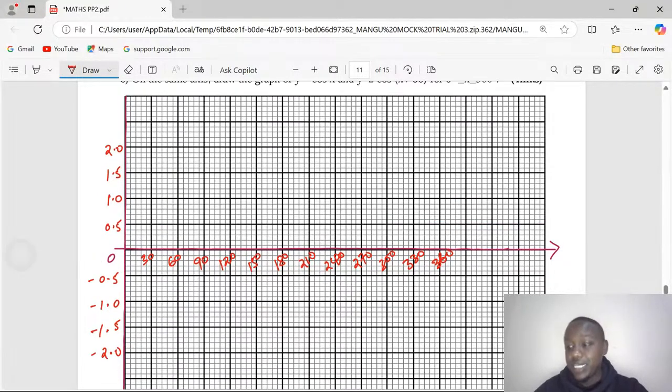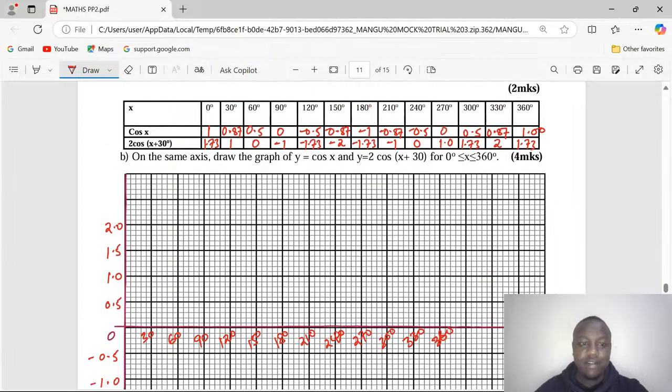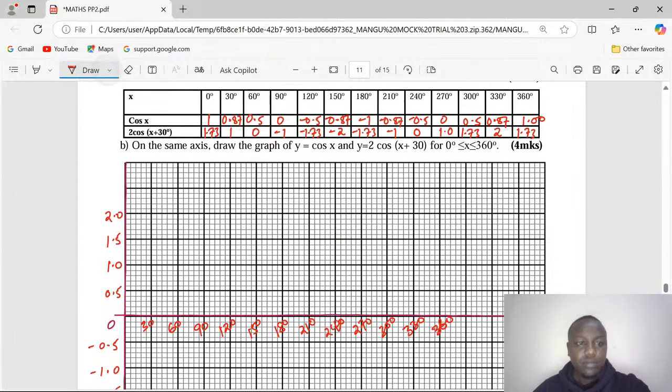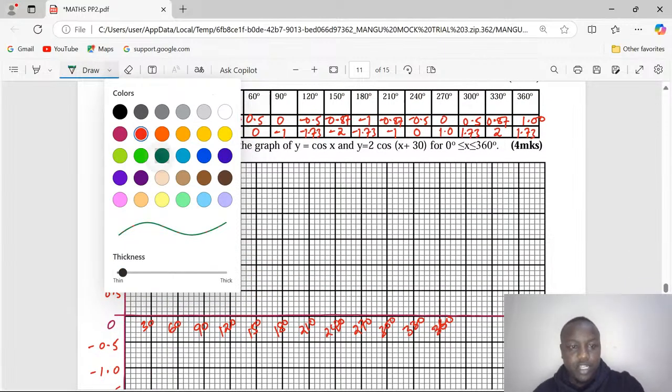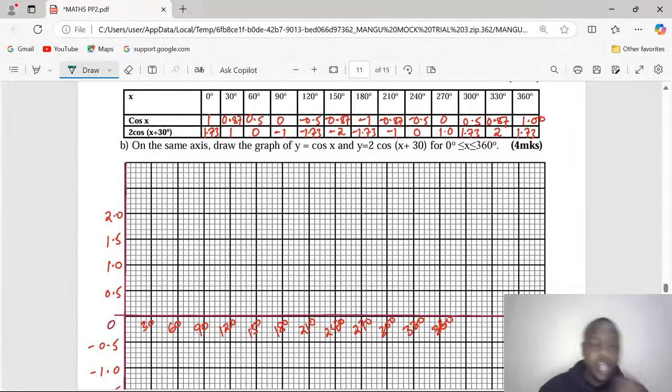I begin with the first curve. Let me use green for the coordinates.